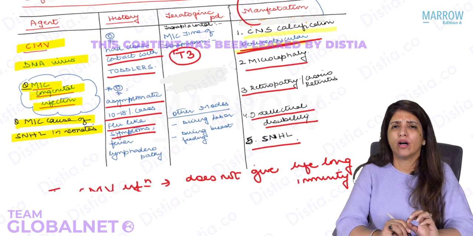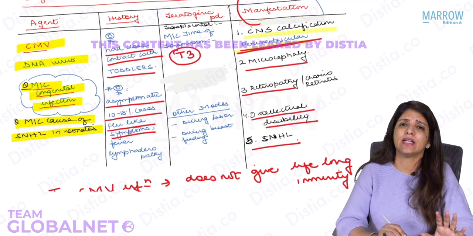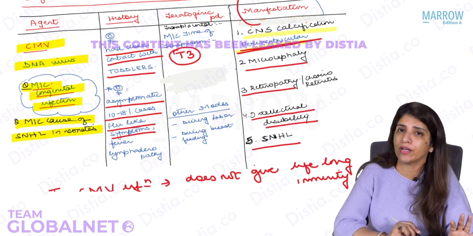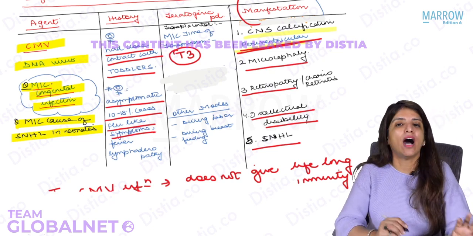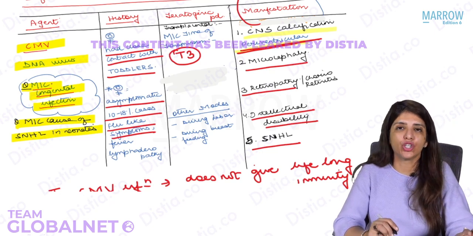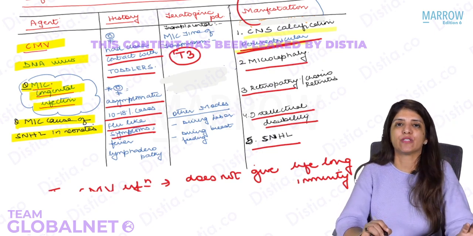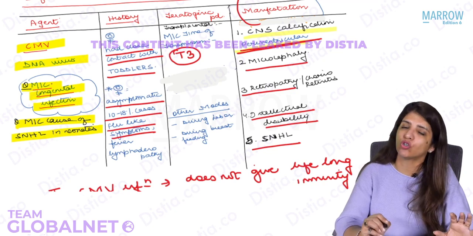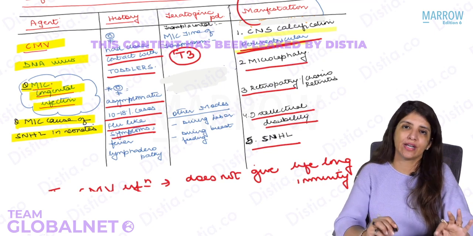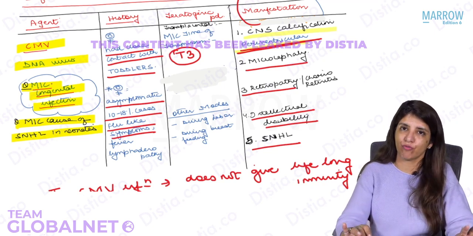Now, intellectual disability is seen in rubella also, in toxo also, and in cytomegalovirus also. Eye lesions are also seen in all three of them, in which the eye lesion of rubella is a little specific, like you get cataract, but in toxo also and in cytomegalovirus also you get chorioretinitis. So that is also not a distinguishing feature.